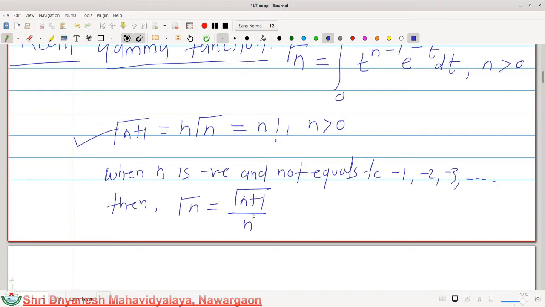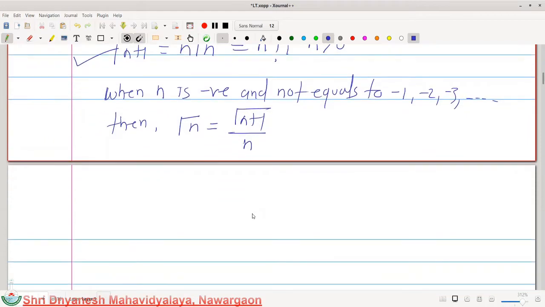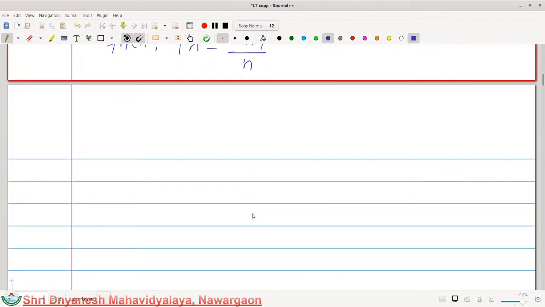Also, what is the value of gamma 1? It is 1. And what is the value of gamma 1 upon 2?